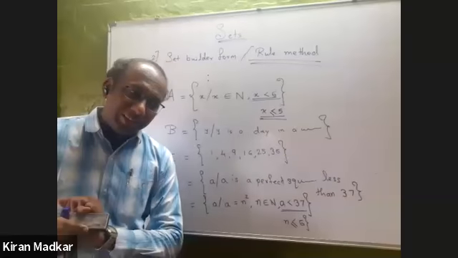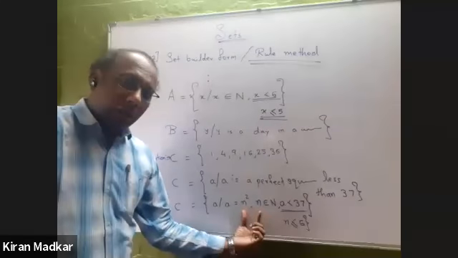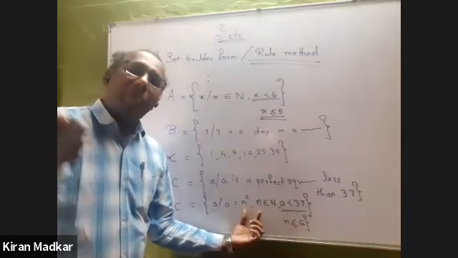One more. Sir, in the last one, can we write any other word instead of n? Except this small alphabet, if you want, you can write any alphabet.